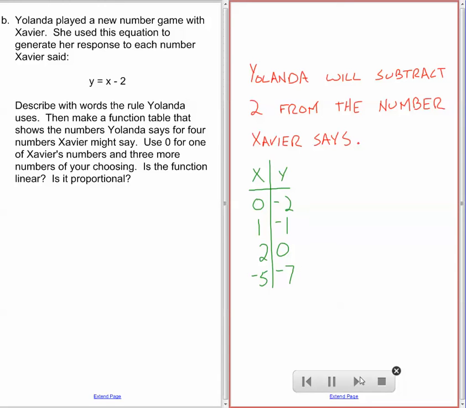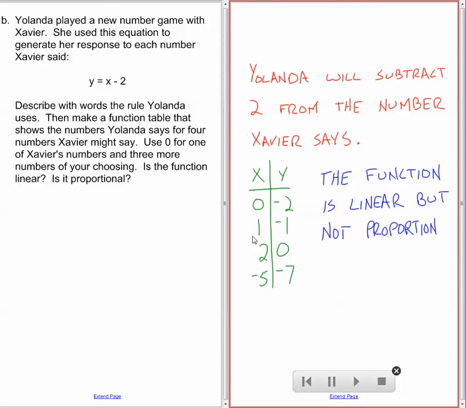And is it proportional? It actually is not proportional. Let me explain. In other words, can I multiply numbers in this column by the same thing every time and get the number in this column? Well, 1 times -1 is -1. 2 times -1 is not 0.